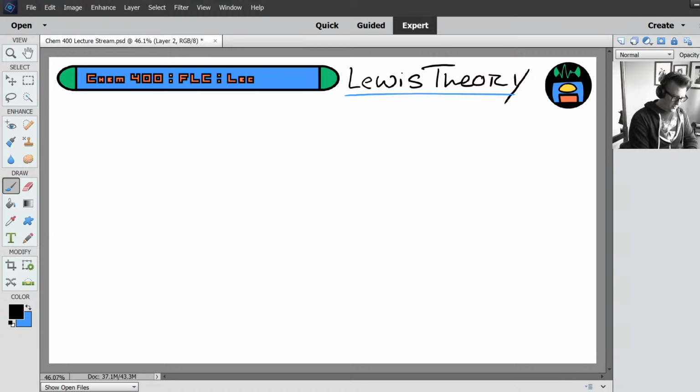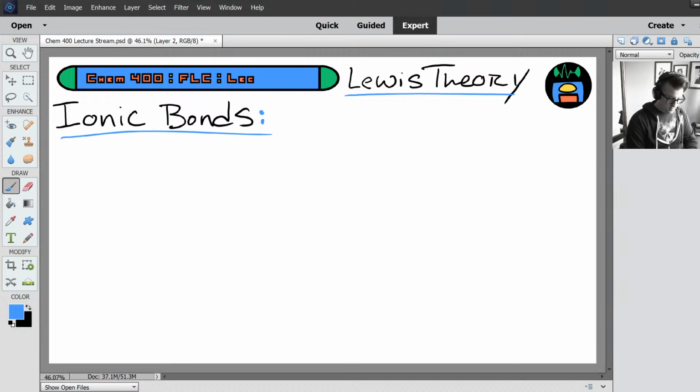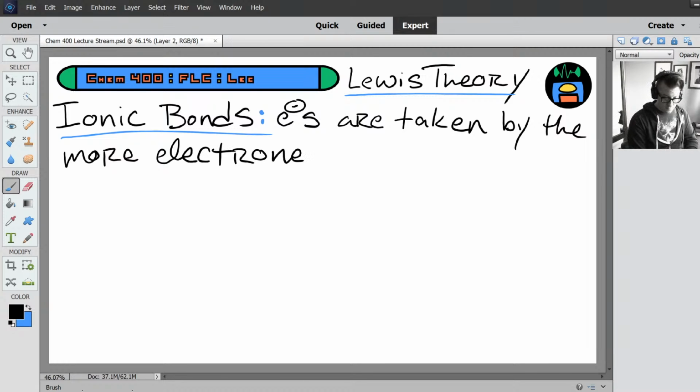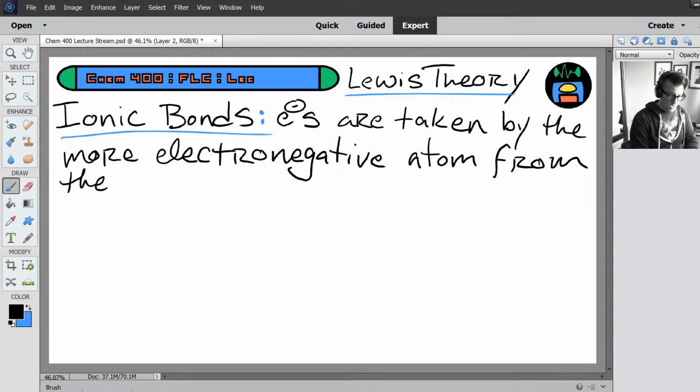In ionic bonds, electrons are taken by the more electronegative atom from the less electronegative atom.